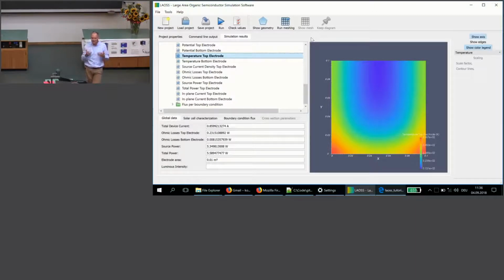So it would be a physically correct simulation, but it's kind of two-step: first ZFOS and then Laoss. So at the moment you cannot sweep voltage in the big domain and do the fully coupled simulation between the two tools. So far it is kind of standalone Laoss.